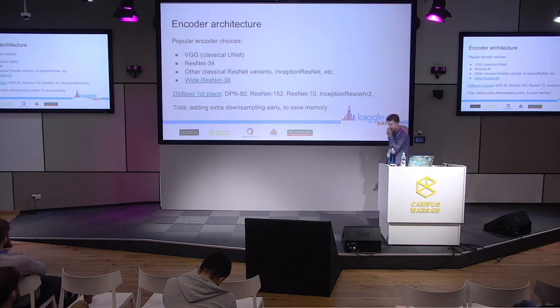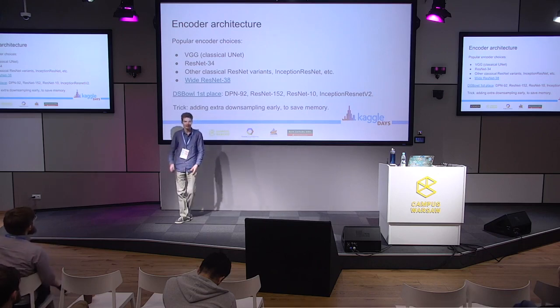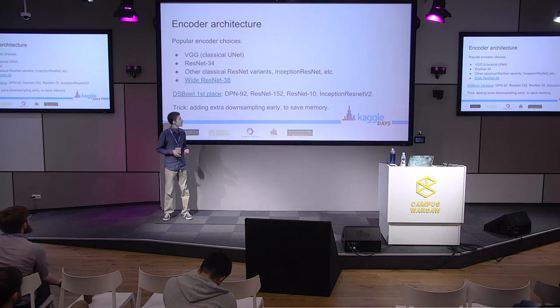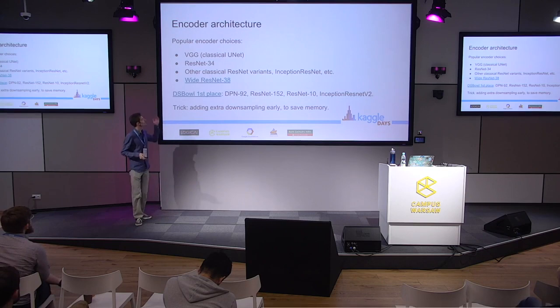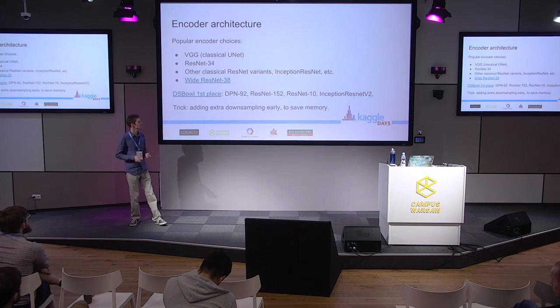Okay, so the encoder is probably the most important bit of the architecture here. This is the thing that prepares the features. Some popular choices are VGG, which is the classical UNet, and also ResNet. ResNet 34, for example, is really popular and well-performing.